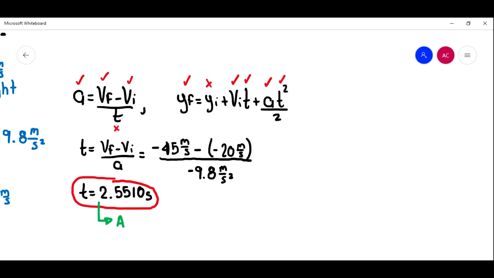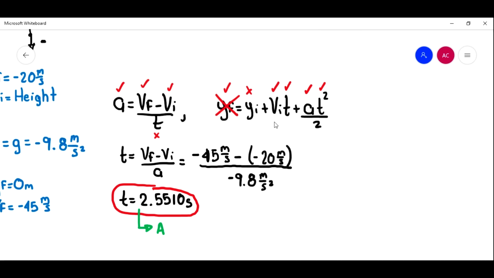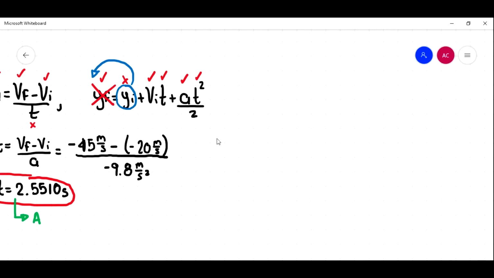So let's cancel everything that is 0. The only thing that is 0 is the final position. So I need to isolate the initial position. What I'm going to do is move this one to the left. If I move it to the left, it's going to get the opposite sign.